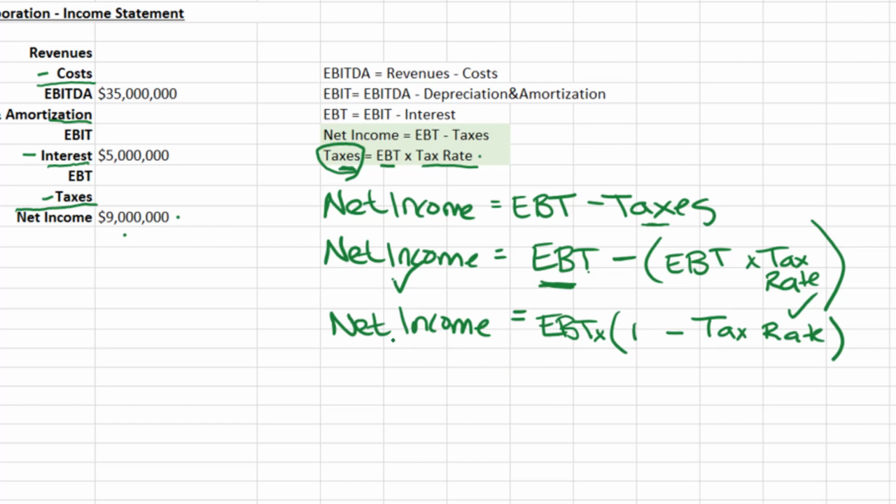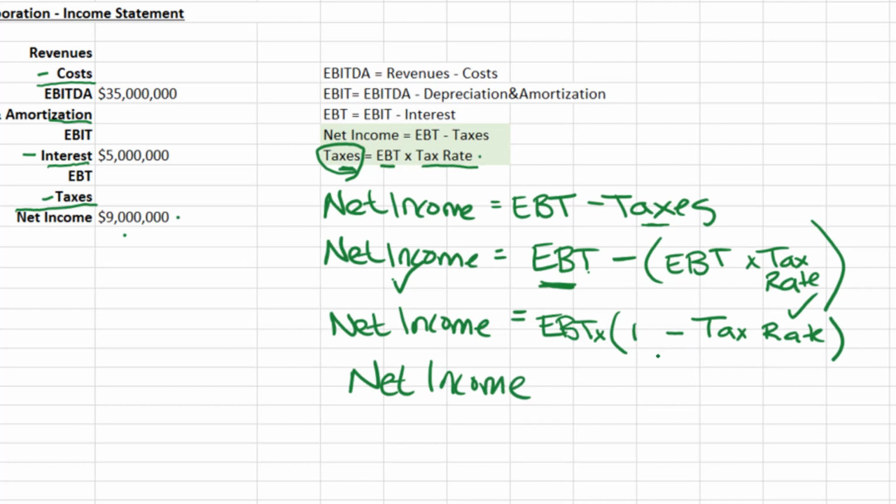So now I know net income, I know the tax rate, and I still need to solve for EBT. But by factoring out that EBT and putting it alone here, I got it as one single variable. So now it's going to be a little easier to solve for. To get that EBT all by itself, I need to take this net income over here and get rid of this piece here.